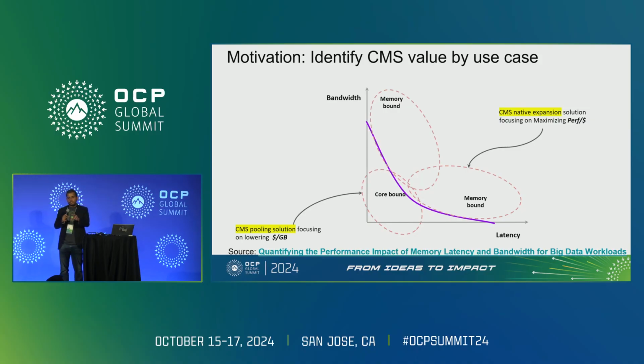Now, following the charter of CMS, we are focusing on two different aspects. One is native memory expansion, where our goal is to maximize performance over dollars. And on the other side of the spectrum is a pooling solution. And there the goal is to lower dollars per gigabyte.